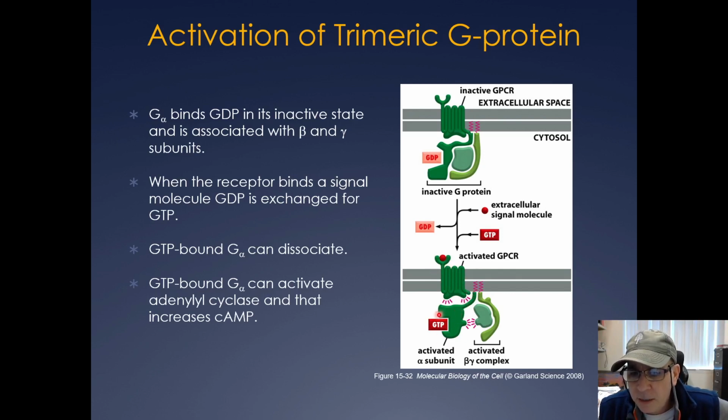Then you have an activated alpha subunit, and also an activated beta gamma subunit. In certain instances, these can dissociate the alpha from the beta and the gamma. And the alpha oftentimes will go on and activate adenylate cyclase, which can then increase cyclic AMP. That's really one of the big things that it does: activate adenylate cyclase.